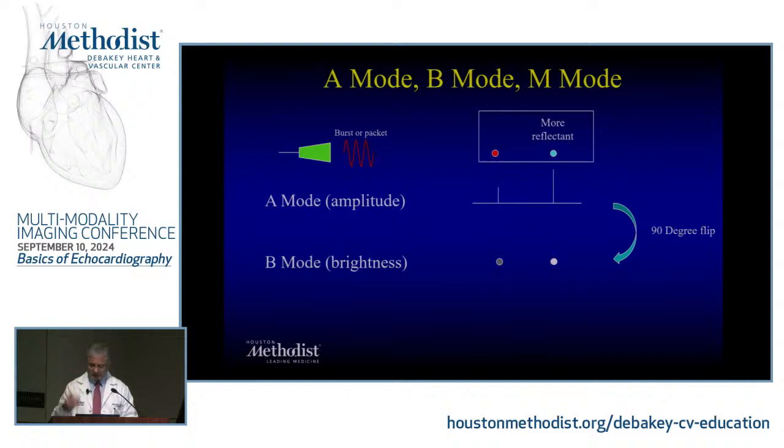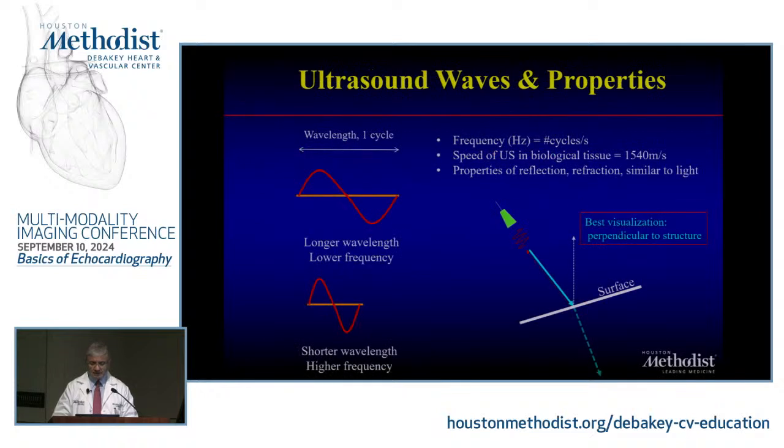Another principle to remember: if the reflection from this surface is very, very strong, it doesn't allow me to refract behind it, and you're going to have shadowing. You're not going to be able to penetrate with ultrasound and see structures behind it.